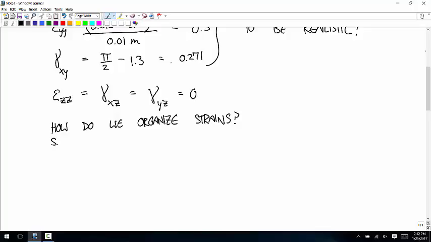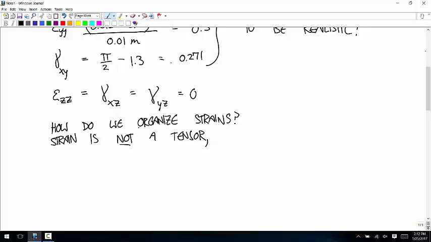The strain is not a tensor. There are some kinds of strains that are, but this one doesn't have the properties of a tensor. The usefulness of writing the stress as a matrix is that it has the properties of a tensor.